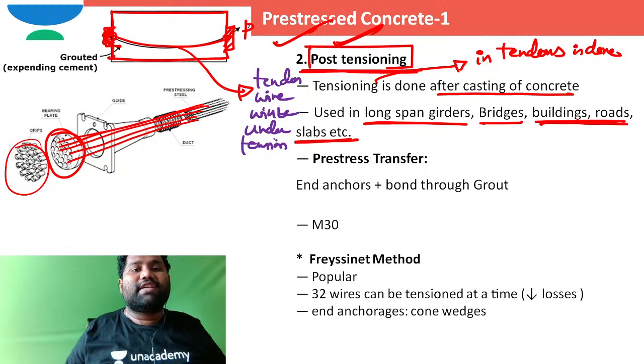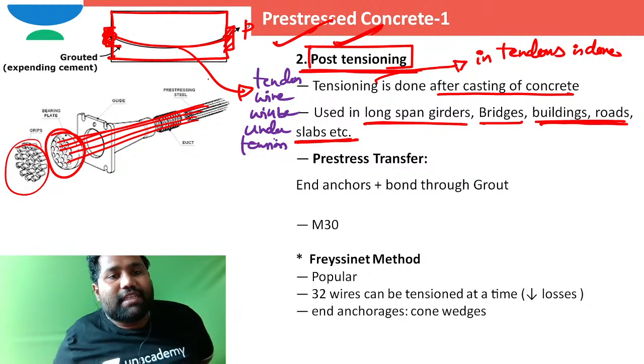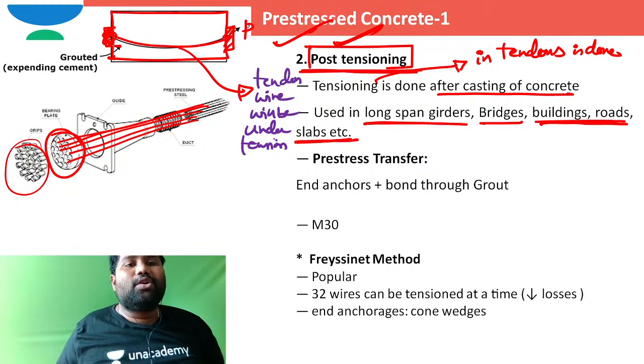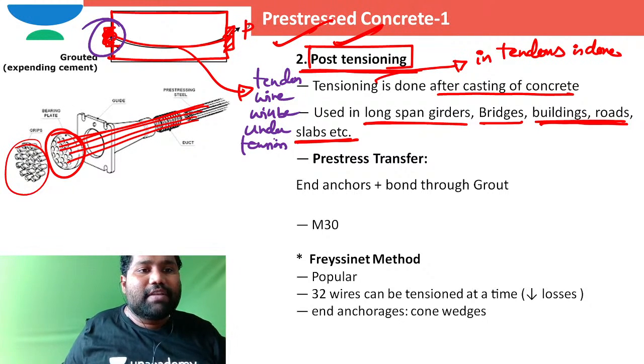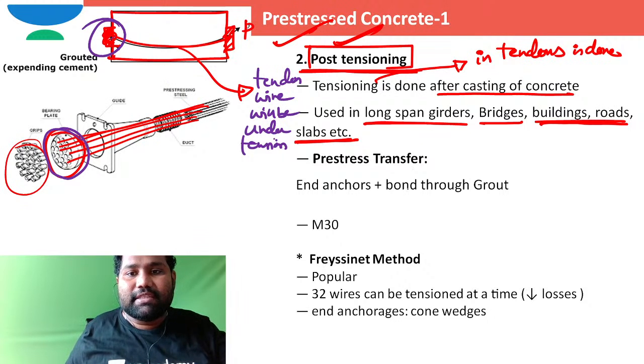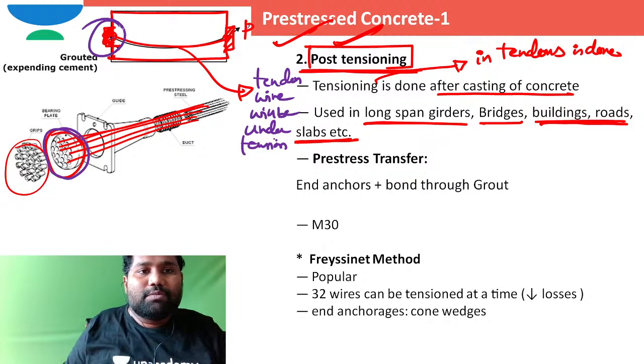As the tendon wire is under tension, the tension in the wire will be applied to the surrounding concrete with the help of end bearing plates. These end bearing plates are called end anchors.